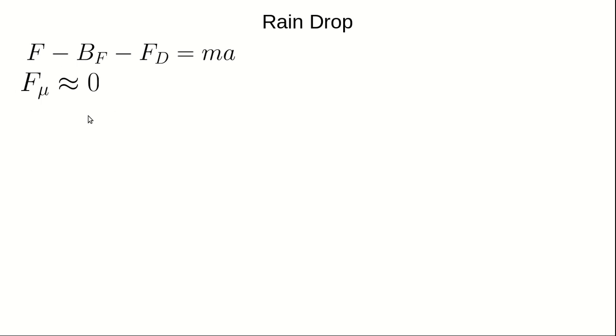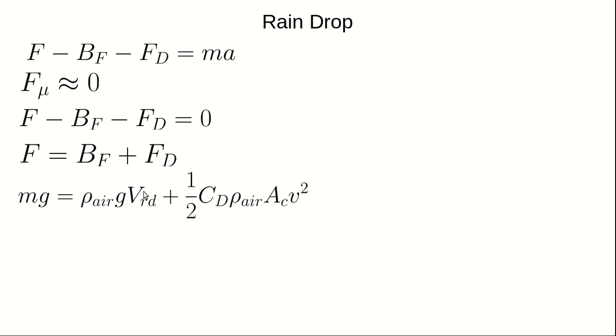So under terminal velocity, this part becomes 0, and in that case we have this expression equal to 0. We can send these two back and substitute the expressions into it, and we have this expression for the buoyant force and the drag force.